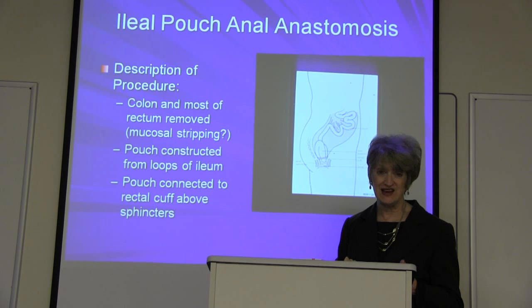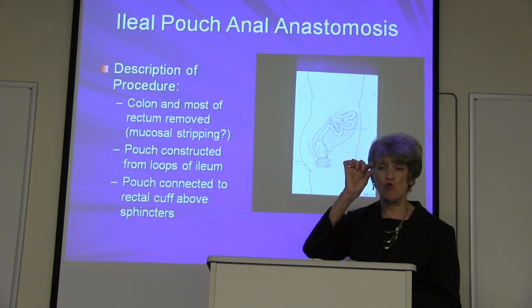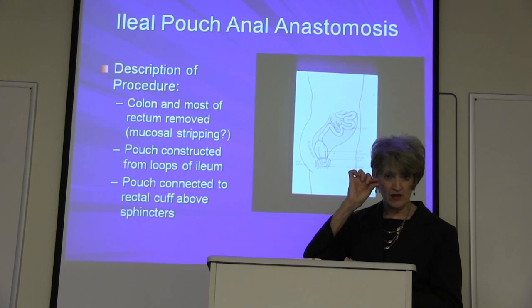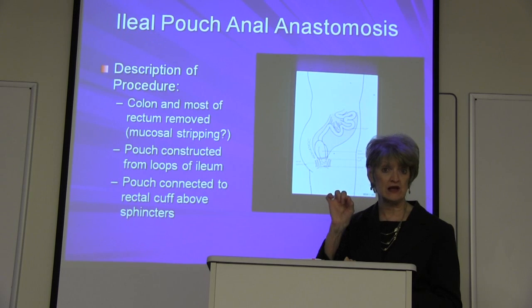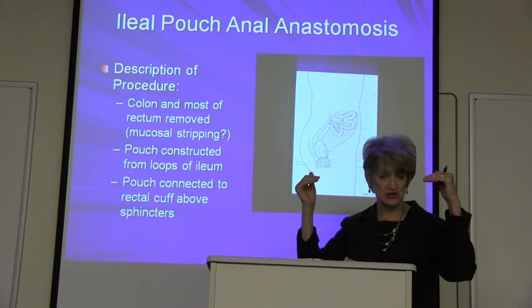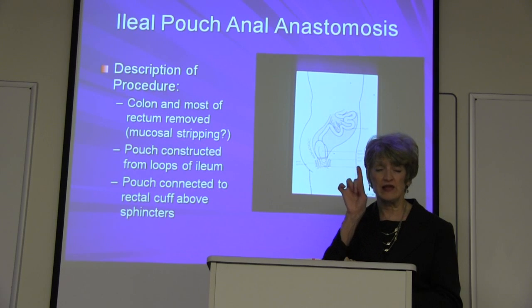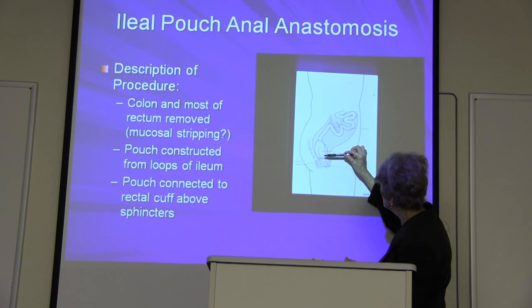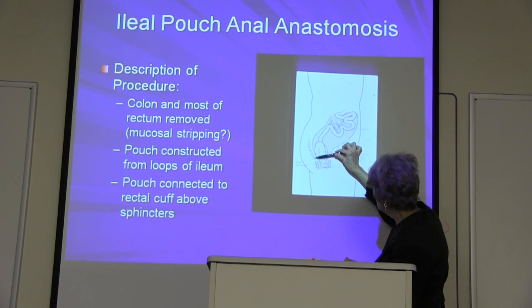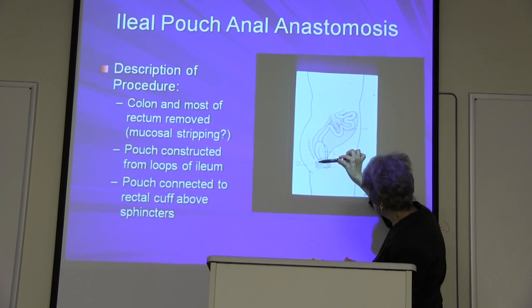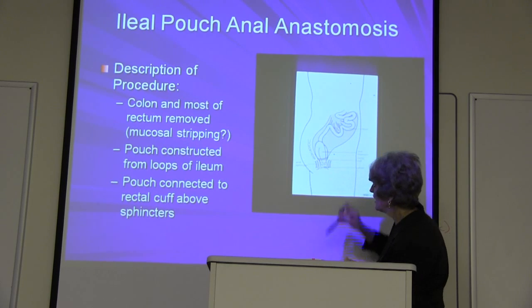They're going to remove the entire colon. They're going to remove the rectum down to about 1 centimeter above the anorectal junction. They want to protect the integrity of the sphincters, and the sphincters come in right at the anorectal junction. So they'll leave a very small cuff, about 1 centimeter of rectum, and they're going to connect or anastomose this reservoir to that rectal cuff.